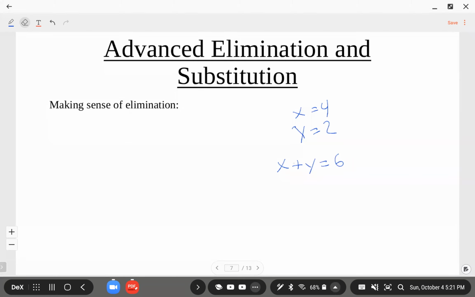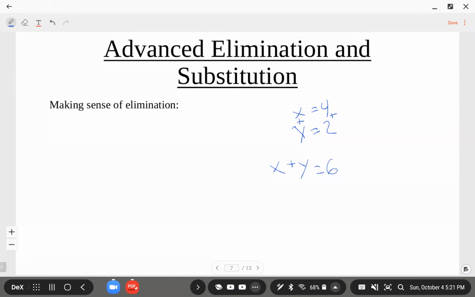But there's also another way to think of it, and this involves elimination. If you just add the left side and add the right side, what do we get? You can't add x and y, they're different terms, so you can separate them: x plus y equals, what is the other side? 4 plus 2, right?